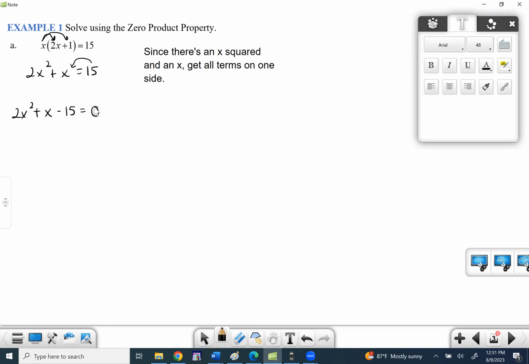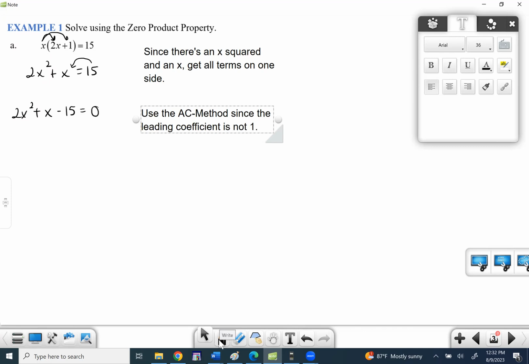Okay, so now this is where the AC method comes into play. We can use it when the leading coefficient is 1, but specifically when the leading coefficient is not 1. And we'll consult that video if you need some more practice on this, okay? Use the AC method since the leading coefficient is not 1.